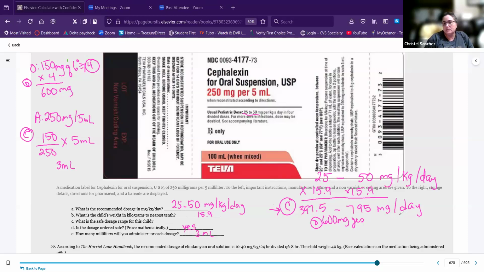Because this is per day, from that point we would take that 150 milligram dose, milligrams per dose, and multiply it times the number of doses. That would tell us if the dose is safe after we find the range. Does that make sense?